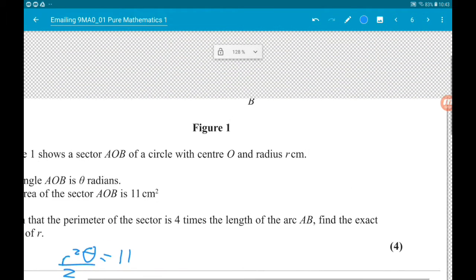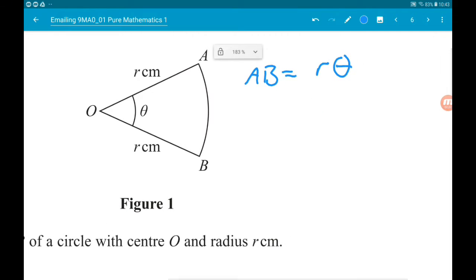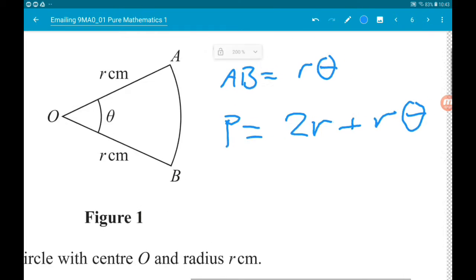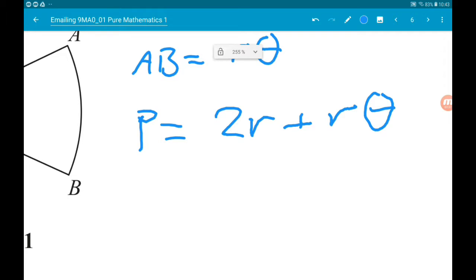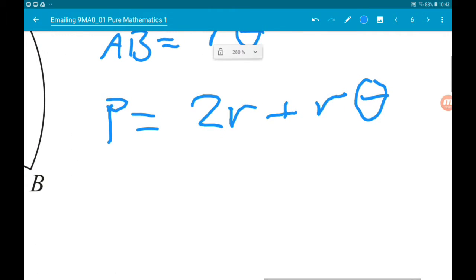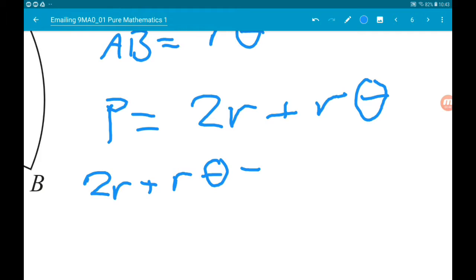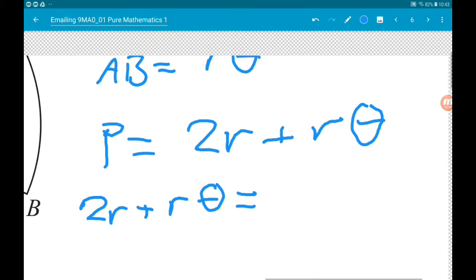Now the perimeter is 2 lots of the radius add the arc. Now we know that that is 4 times the arc. So 2r add r theta is 4 times the arc length.